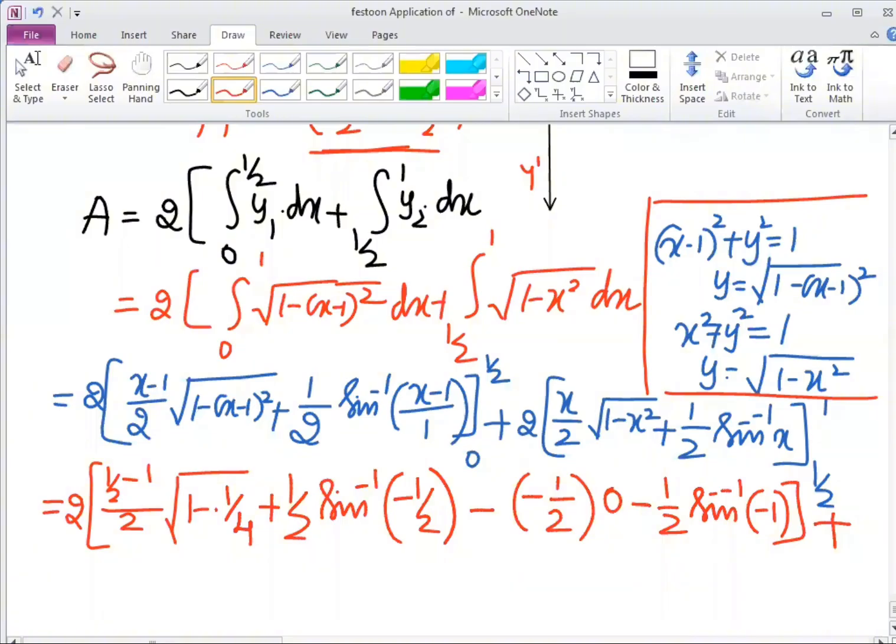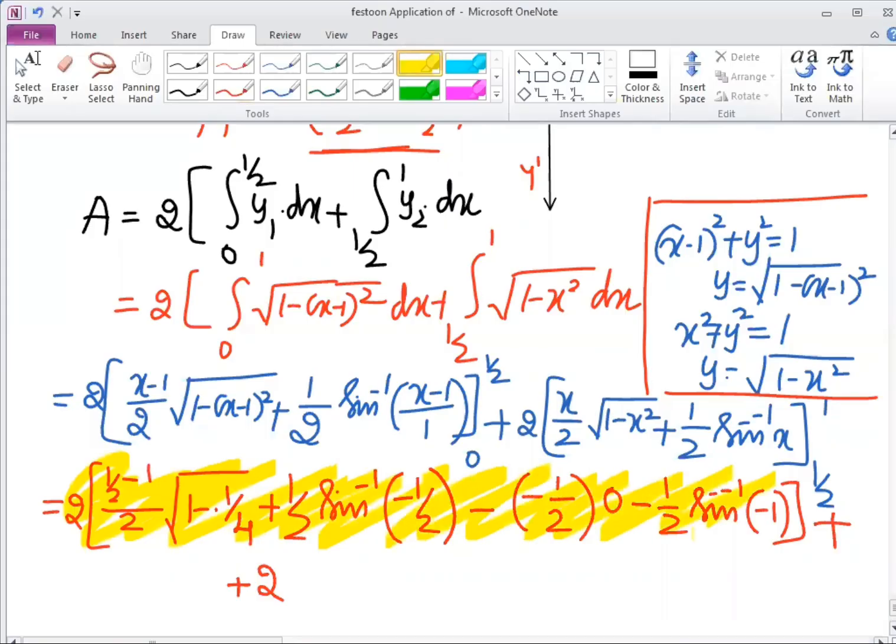See, for the second one you have to apply. This is for the first one. For the second one we need to apply. So that implies plus 2 into, this is for which one now? Observe here, what I have written here: the integration, it is for this one.